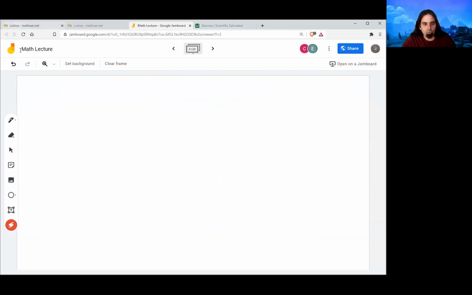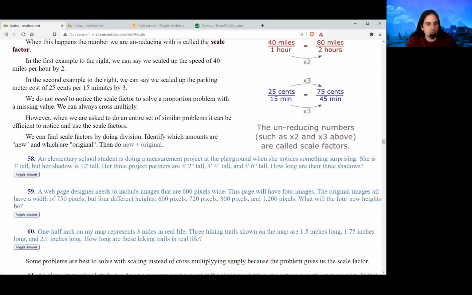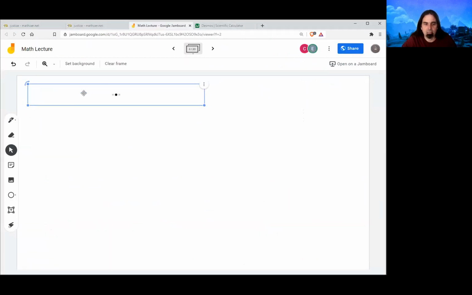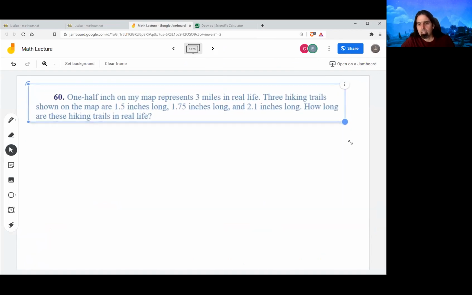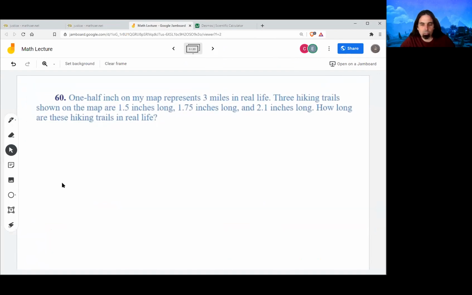Okay, let's do another one that has this kind of repetition to it. 59. No, let's do 60. 60 sounds more fun. So I'm looking at some hiking trails while planning some kind of family hike or trip.